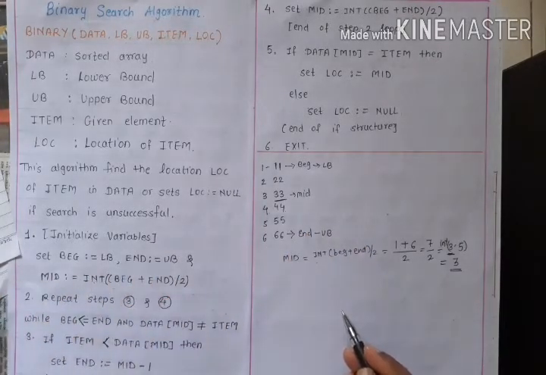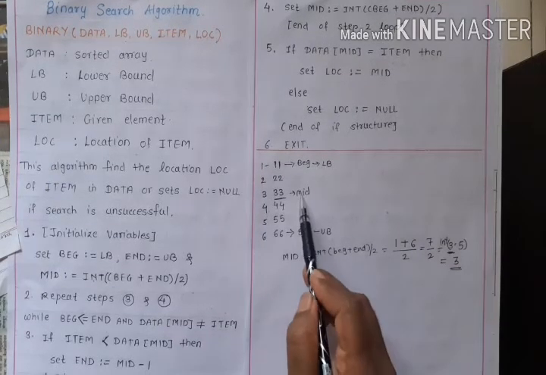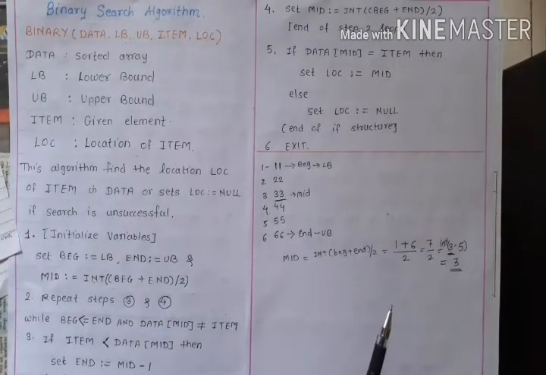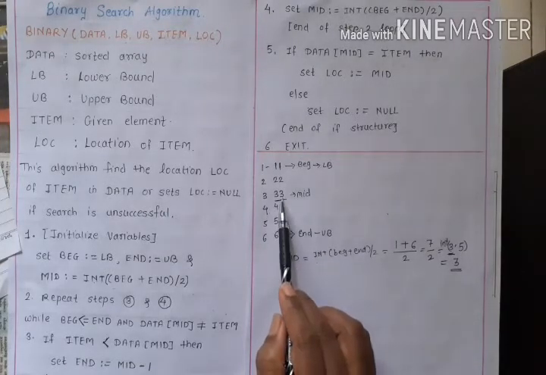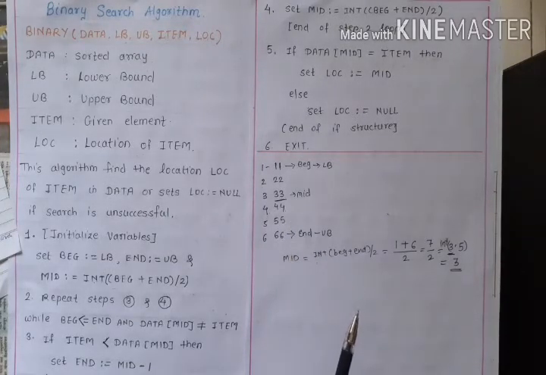Now once you find the mid element, you have to compare the element to be searched with the mid element. If the element to be searched matches this mid element, it means your element is present in the list.